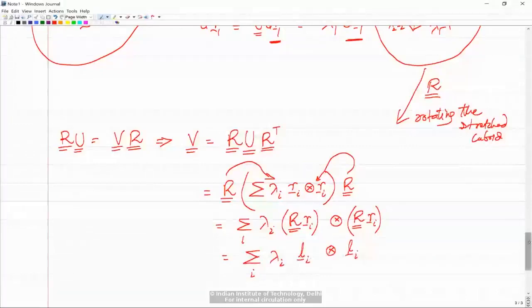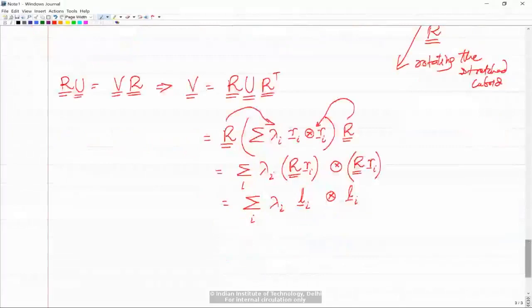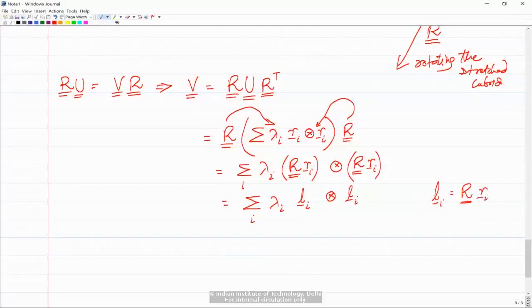So what you see is that the eigenvectors of V are little li, and the eigenvalues are the same lambda I. The relationship between little li and little ri is this: little li is big R into small ri.